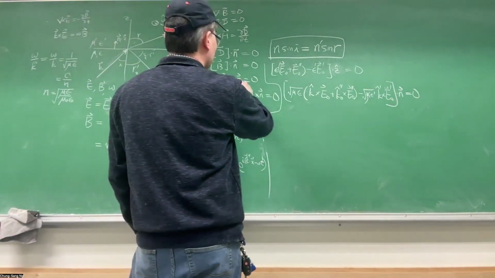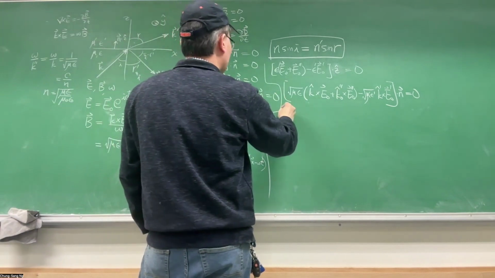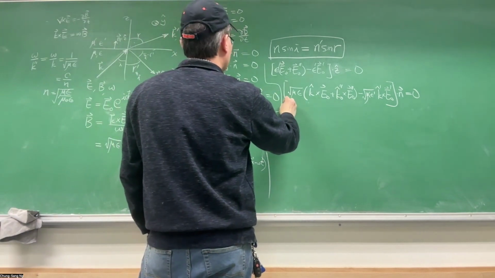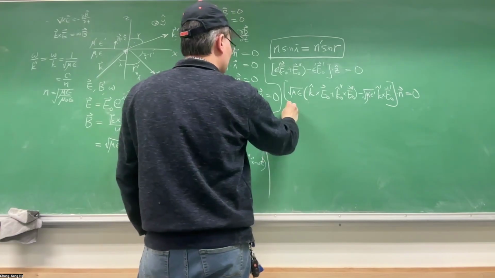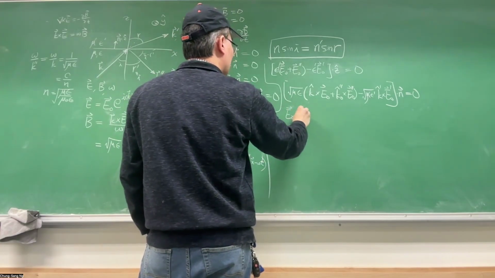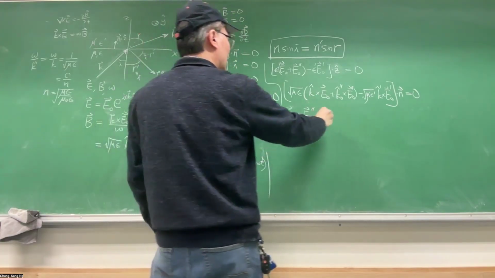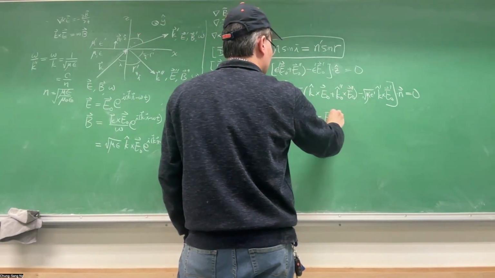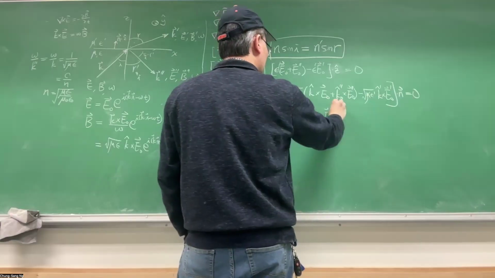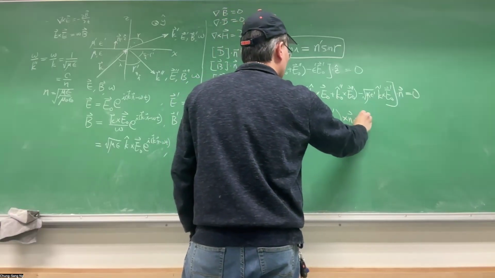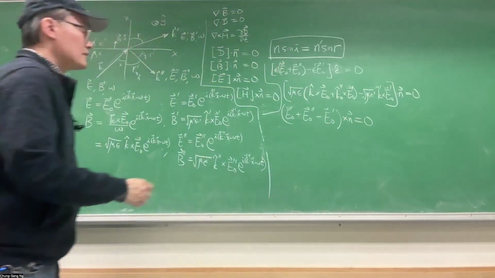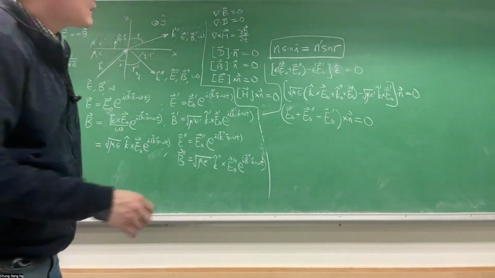And now the third one is the cross with n. This one should be straightforward because you have E0 plus E0 double prime on the lower medium and minus E0 prime on the upper medium, cross n, that is z. The third one is straightforward.